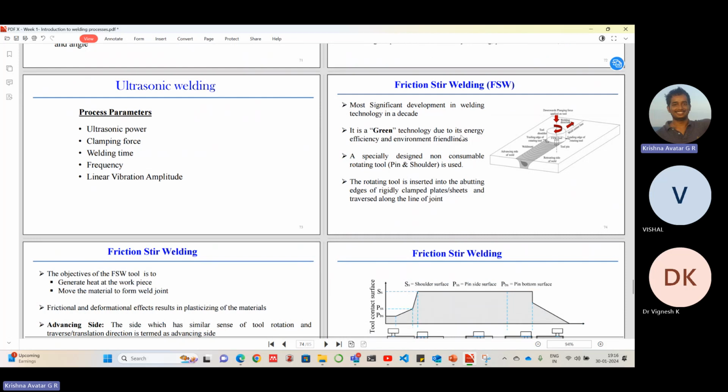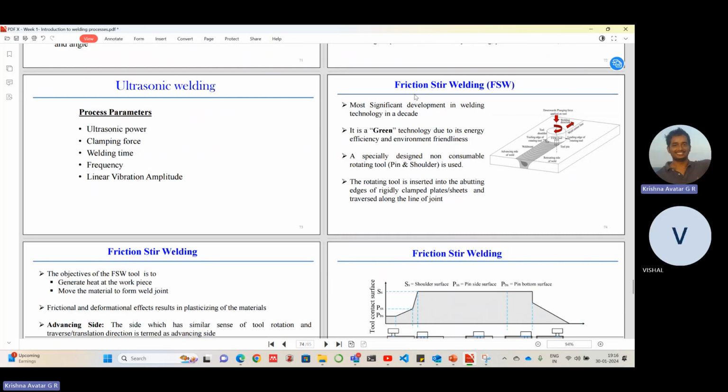There are different types of friction and other welding process techniques as well, such as friction stir welding. It's a green technology due to its energy efficiency and environmental friendliness.